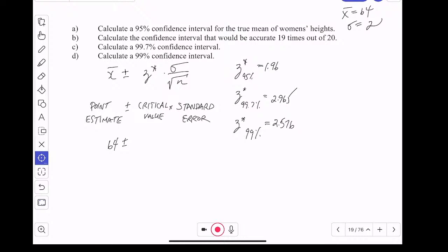So that would be the first one. And you could simplify that, and I'll go through it. I want to show you the next one.